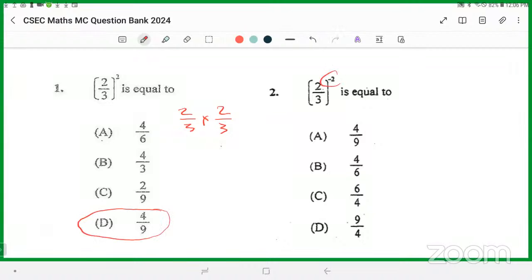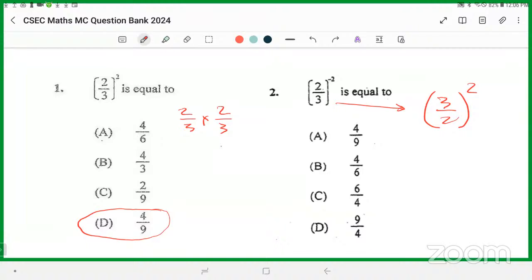What the negative 2 on here now means is reciprocal. The negative 2 means that you're taking the reciprocal of this. So this one is the same now as 3 over 2 squared. The negative on the power means reciprocal. So you take the reciprocal of 2/3. So you're really doing 3 over 2 squared, which then becomes 9 over 4.